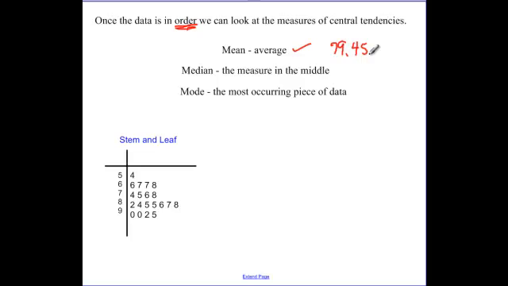Okay, median. That's the measure in the middle. Once again, here's all my data in order, and this is how I do median. I'm going to start by crossing off the lowest with the highest. And notice that, yes, I did make my marks backwards. And to make this go a little faster, I'm going to cancel them in groups.